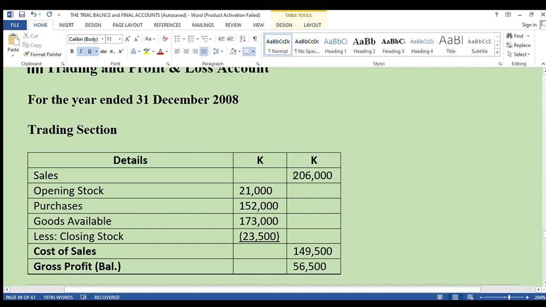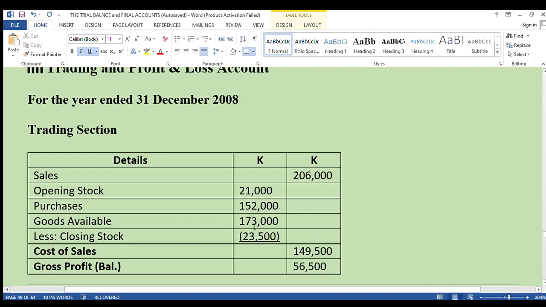So we have sales, which is this. Then opening stock. As we started the year, we had stock that was valued at this. Then we bought more stock, which was valued at this. When you add these two, you get the total of goods that were available in that year as this. Then we have to remove the stock that remained by the end of the year, which is this.